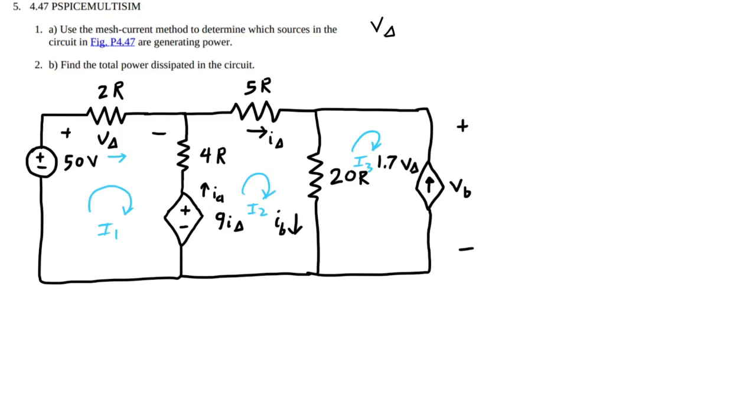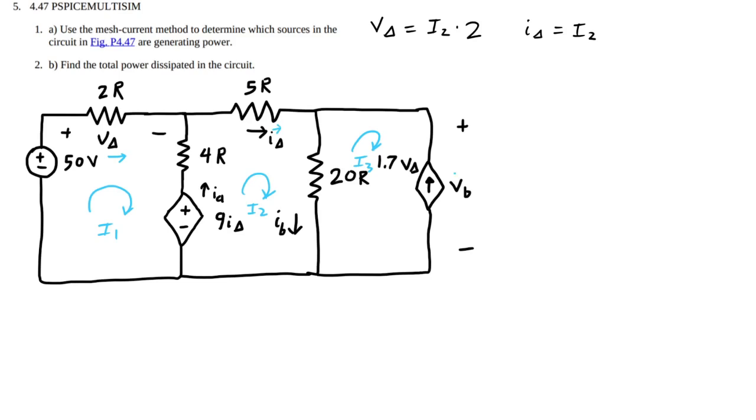So V sigma is going to equal I1 times 2. You can also do the same thing for this resistor over here. I'll just write that I delta equals I2. And then I'll leave the little arrow in. There's no harm in it.